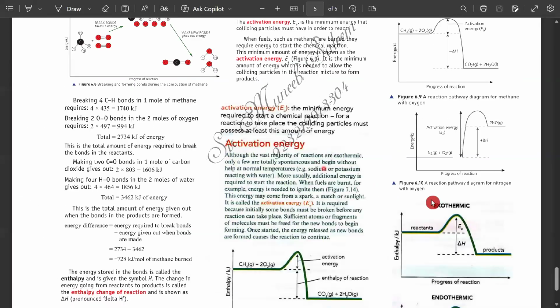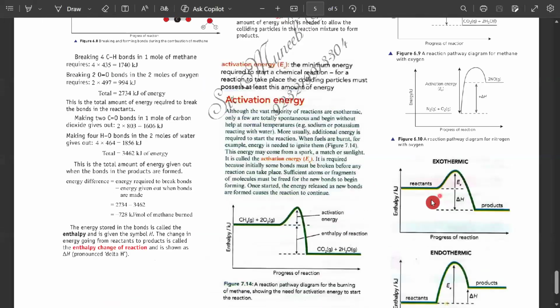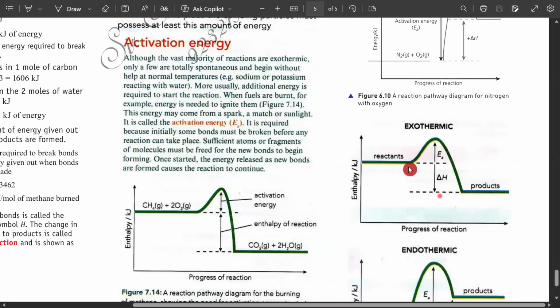In this diagram, we remember activation energy is the difference from the reactants level to the top of the peak.